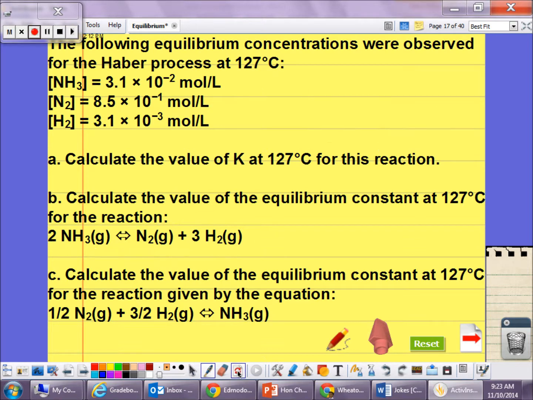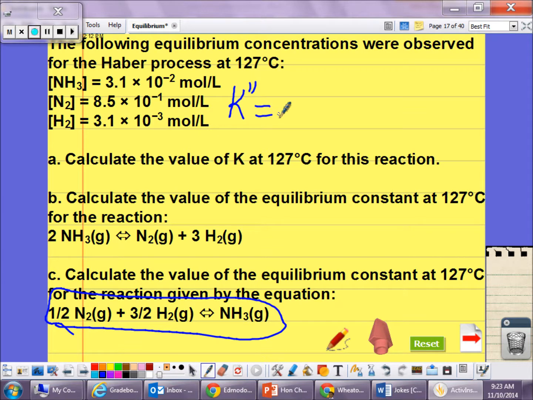Let me reset again. Now they say calculate the value of the equilibrium constant at 127 degrees Celsius for the reaction given by the equation. I need you to look at this equation and tell me exactly what they did to your original equation. Okay, if you look carefully, the equation is cut in half. You can take your time and find K the long way, or you can do K equal, what do I do with the original K?